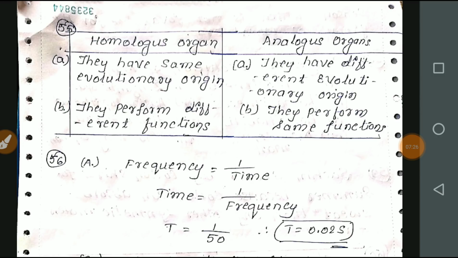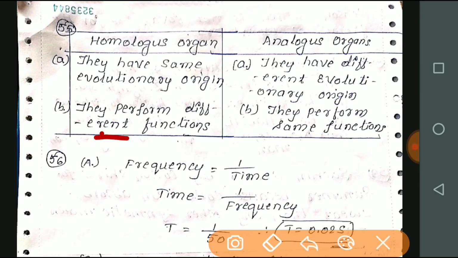Yes, homologous organs have the same evolutionary origin, whereas analogous organs have different evolutionary origins. Then second point, homologous organs perform different functions and analogous organs perform the same function.